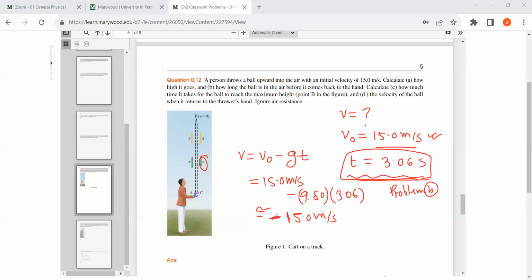As we get a negative sign here, it makes sense. So the velocity when it hits this person's hand is negative 15 meter per second.